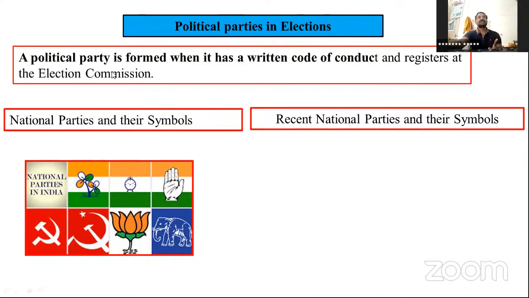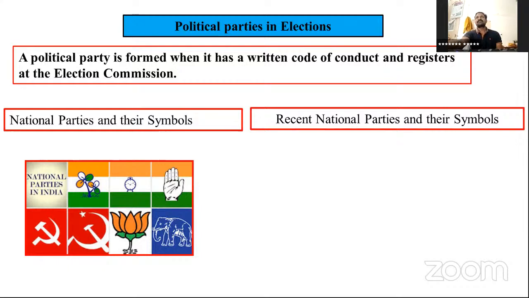A political party is formed when it has a written code of conduct and is registered at the Election Commission. Any political party first has to register at the Election Commission. Then it is registered by the Election Commission of India and some symbols are allotted to the political party.